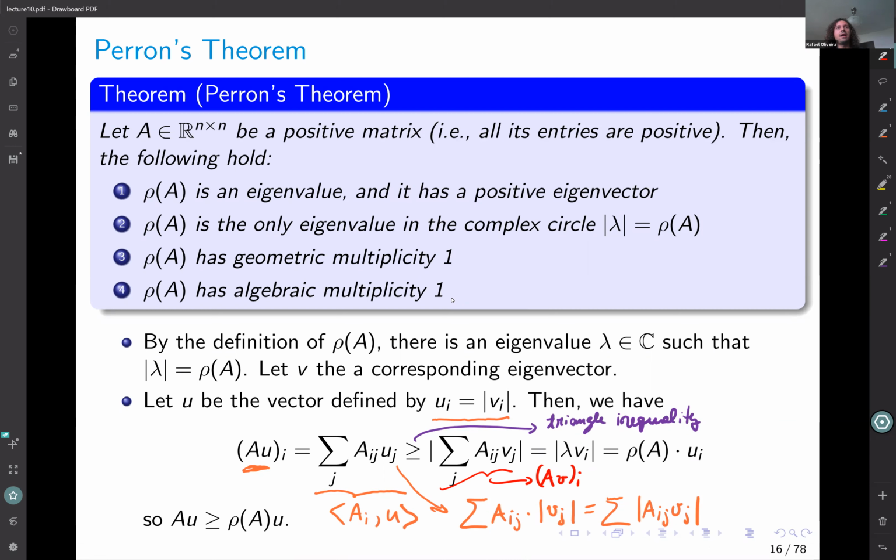Well, V is an eigenvector, so the ith entry of A times V is exactly lambda times Vi. If I take the absolute value of lambda times Vi, this is exactly equal to rho of A, since the absolute value of lambda is rho of A, times the absolute value of Vi, which is Ui. Correct?